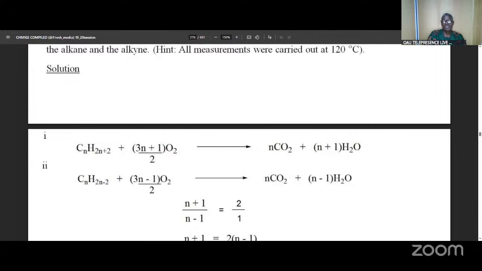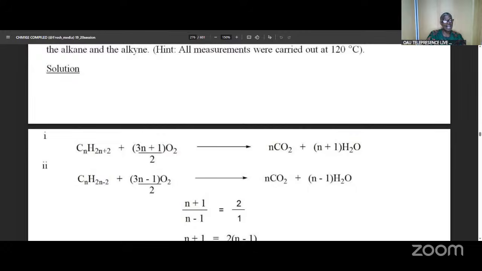And for the combustion of these 2 hydrocarbons with oxygen, it is also standard. We have these 2 standard equations, which is a little bit different from what we use above in example 1.